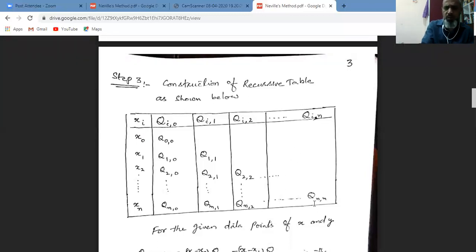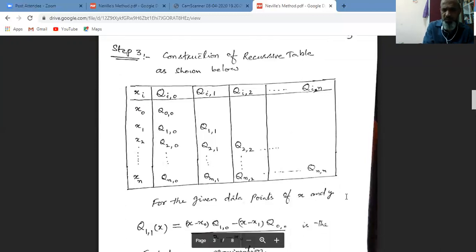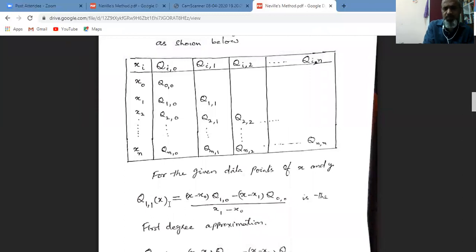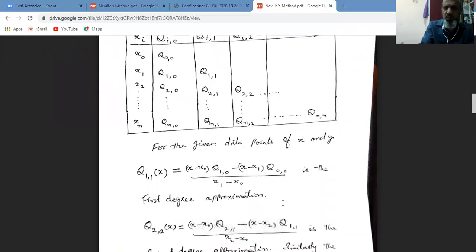So for the given data points of x and y, if we substitute i equal to 1, j equal to 1, we get q1,1(x). So q1,1(x) is equal to (x minus x naught) into q1,0 minus (x minus x1) into q0,0, divided by x1 minus x naught. So this is called the first degree approximation.